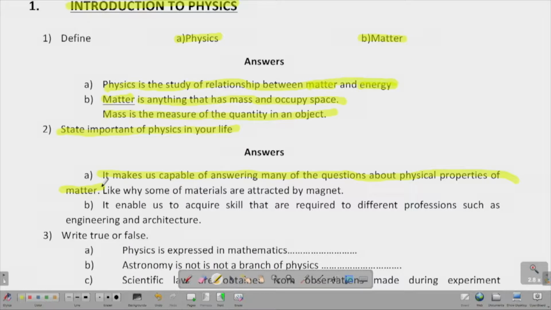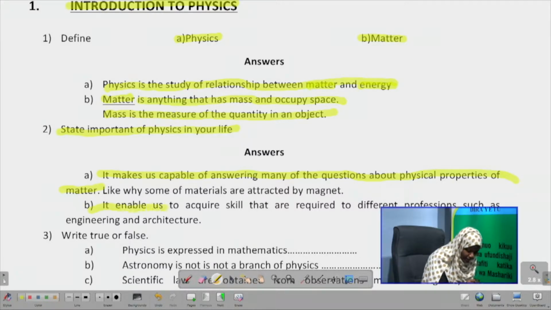Also, another importance is it enables us to acquire skills that are required to different professions, such as engineering and architecture. Some of you want to be architects, like architects are the people who prepare maps. And then some of you want to be engineers, like making roads, building houses, building bridges.